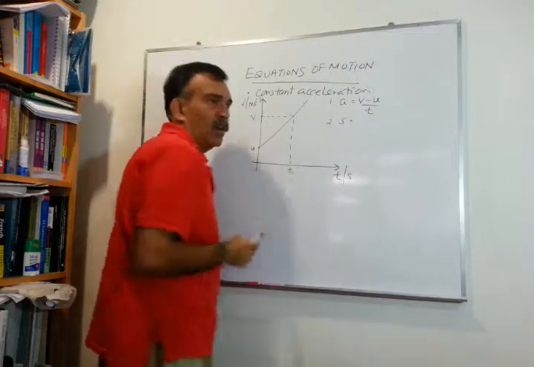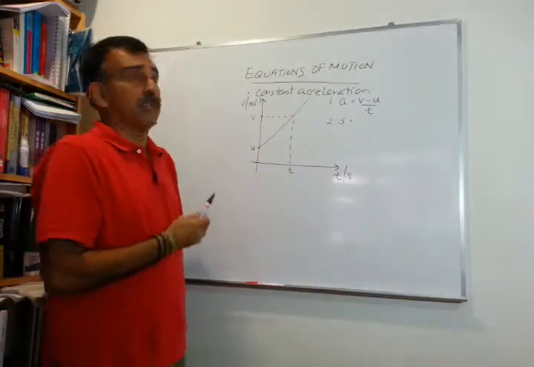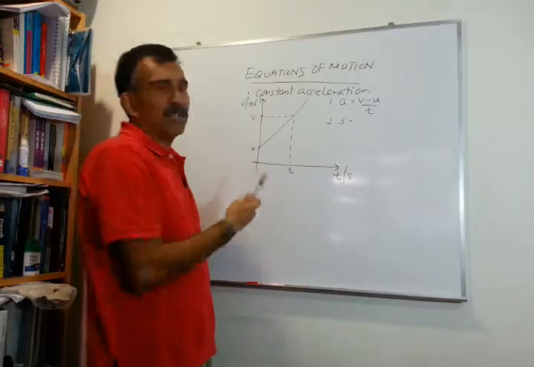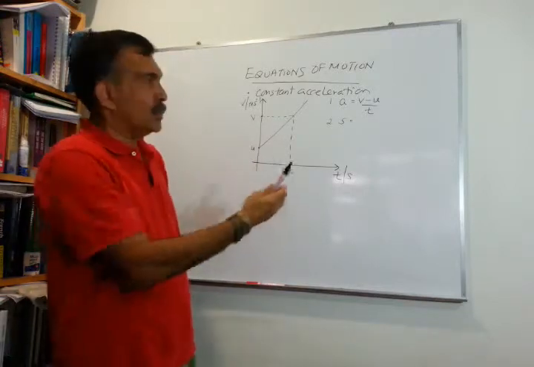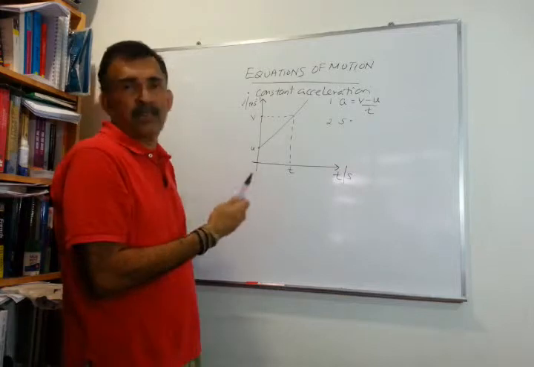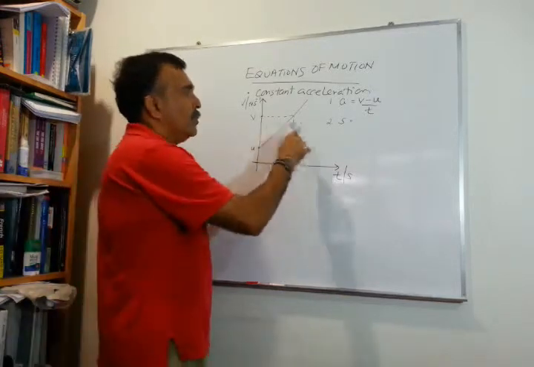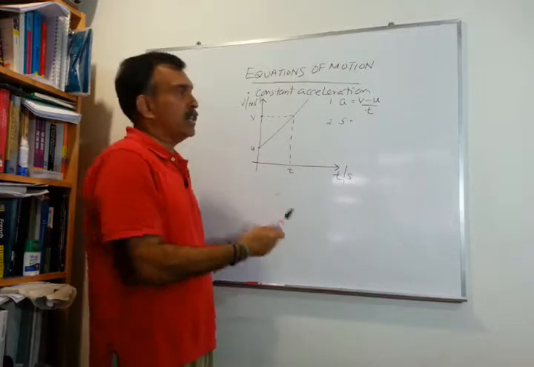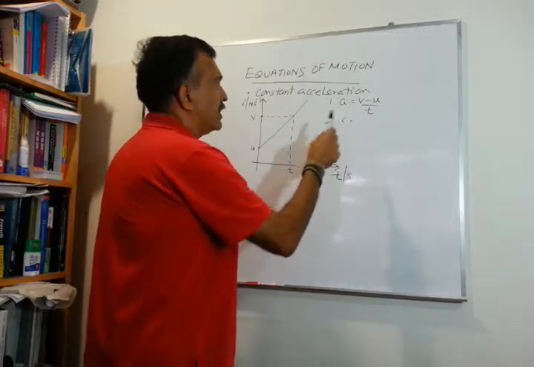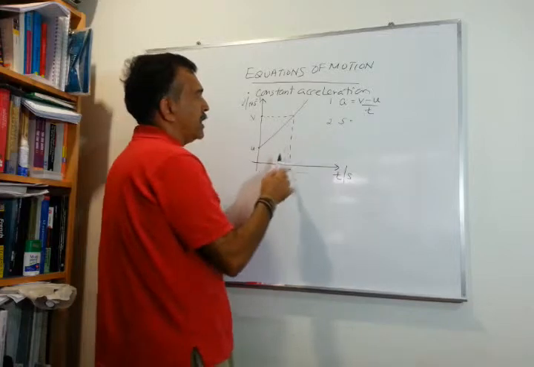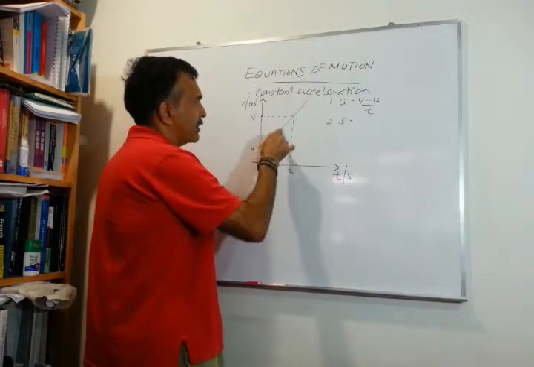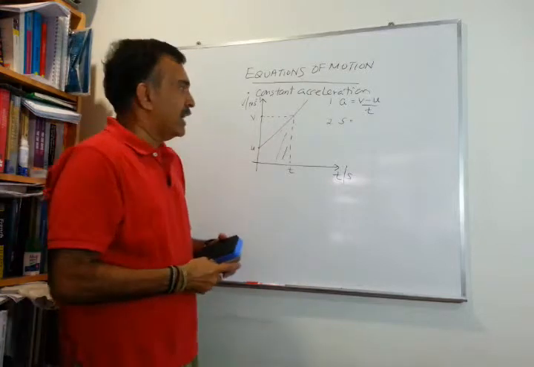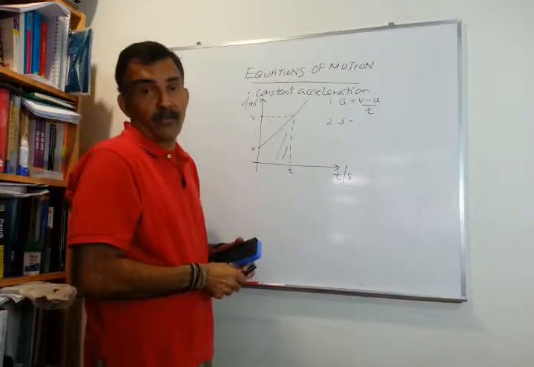Then, the displacement, or let's just call it distance traveled. Because we are looking at motion where direction does not change, so whether we use distance or displacement, it doesn't matter. So I'm just going to use displacement and distance interchangeably. So let's just say S is our distance traveled, and S will be given by the area beneath the graph, and that will be the area of a trapezium.